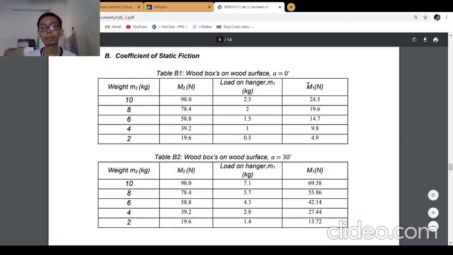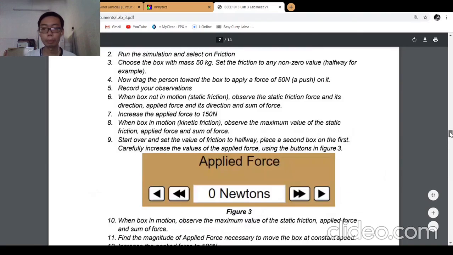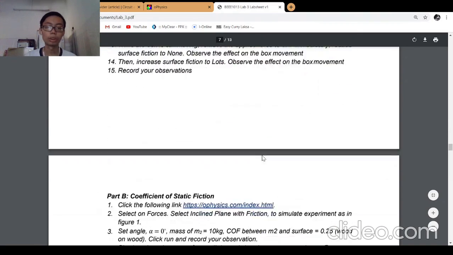The formula is M1 divided by M2, and then you get the value of the static frictional force. And then if you draw a line graph, the graph will be directly proportional. Okay. And then we proceed to the next procedure.